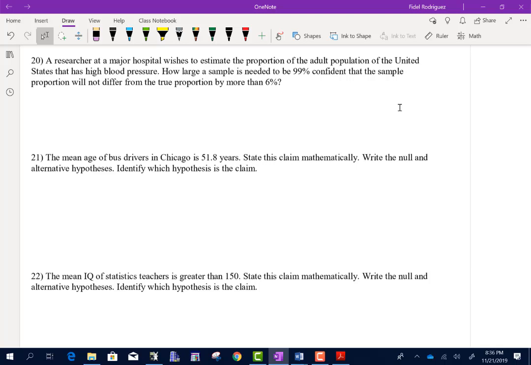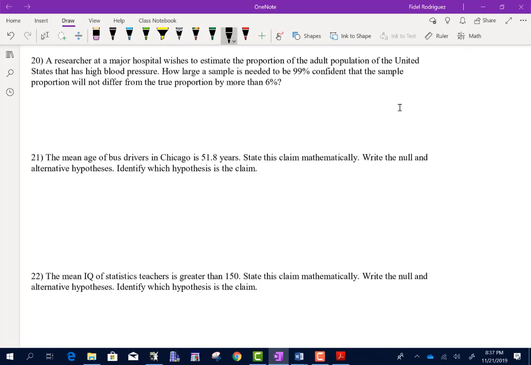I didn't put that formula on the formula sheet, but I do have that formula in our notes. Give me one second. Here we go. That's the formula I'm using right here. Which one are you asking me, W20?